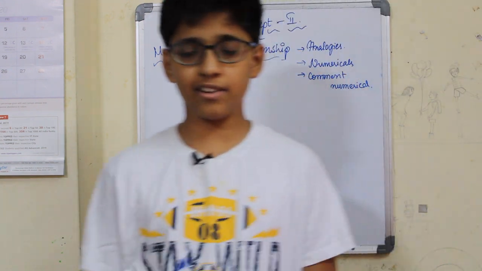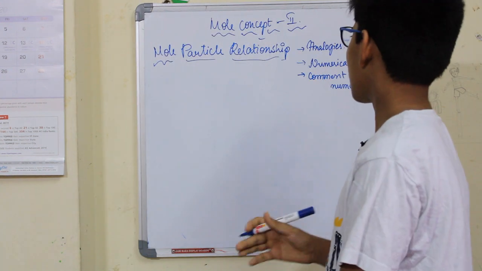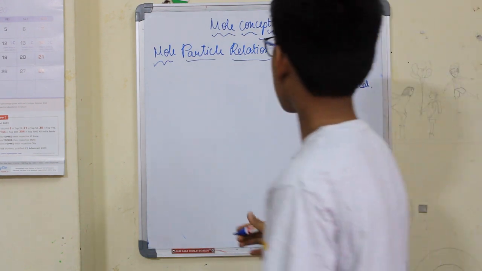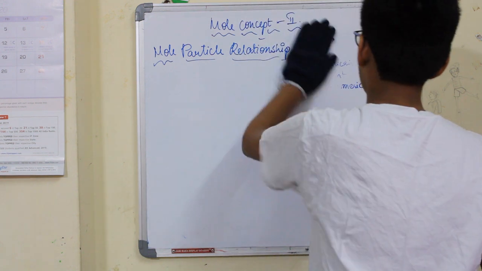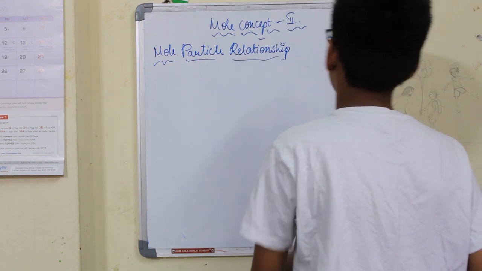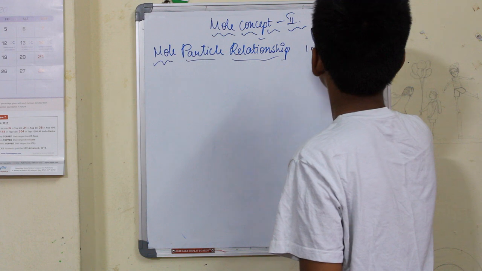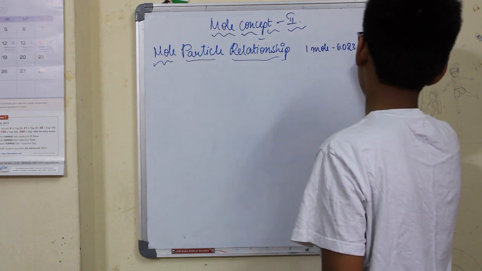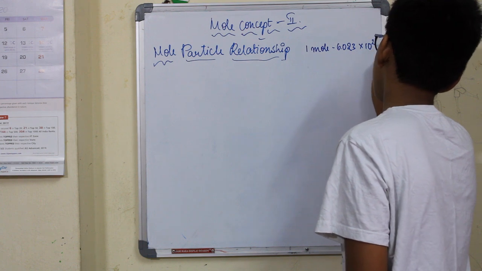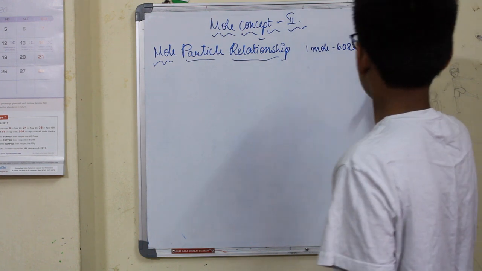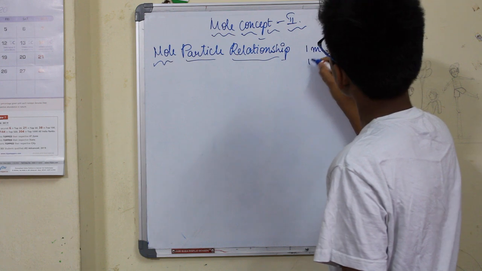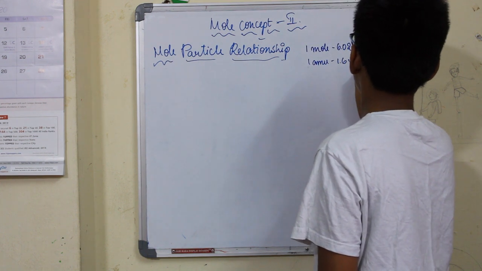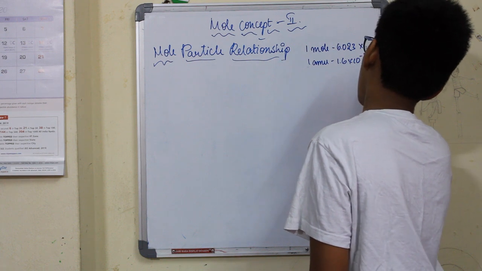So mole particle relationship, actually we know these, it is just a topic only. Now let's recap some points. What is 1 mole? 1 mole is 6.023 into 10 to the power 23 of anything. It can be anything. It is just a number. What is 1 AMU? 1.6 into 10 to the power of minus 24 grams.